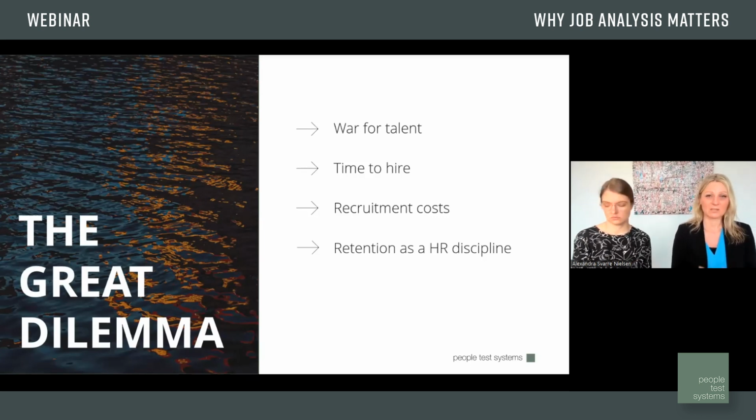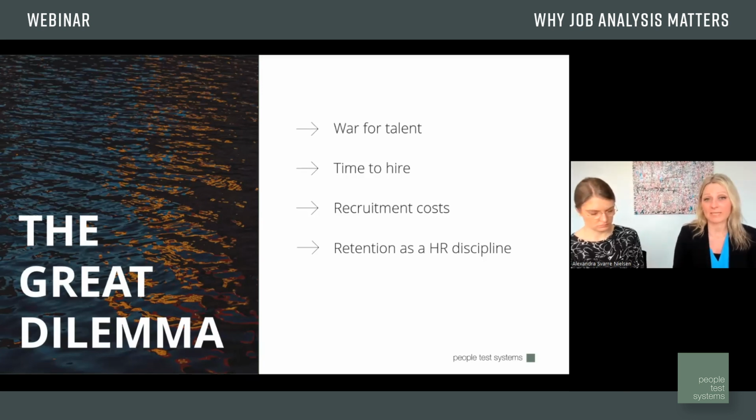Retention becomes a competitive parameter, because it takes a toll on the existing employees when we have a position that we cannot fill, or need to replace somebody who's not delivering or not living up to the culture that we have. So it is very important to find the right capacities for the organization, both in relation to the job and obviously also in relation to the culture in the company.